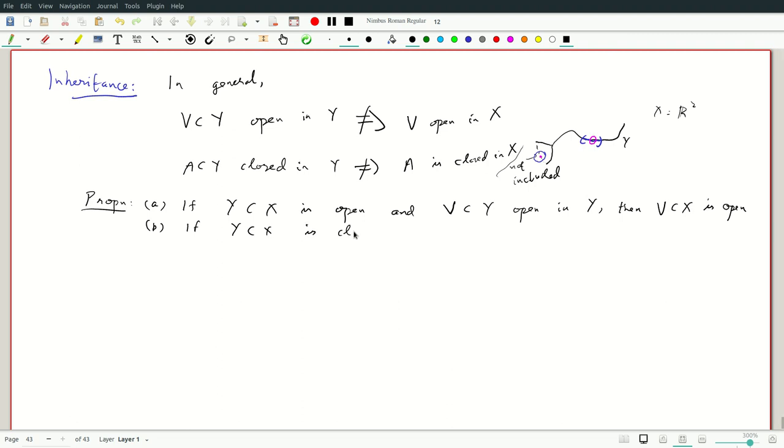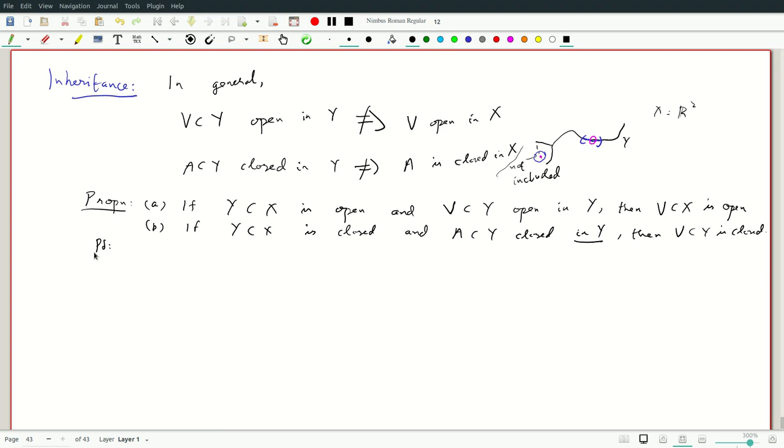So if this is closed, and let's call it A in Y closed in Y, which means in the subspace topology, then A contained in X is closed. For B, A is easy.